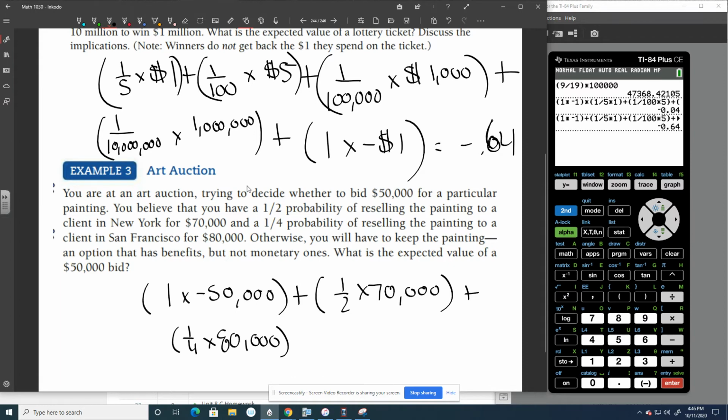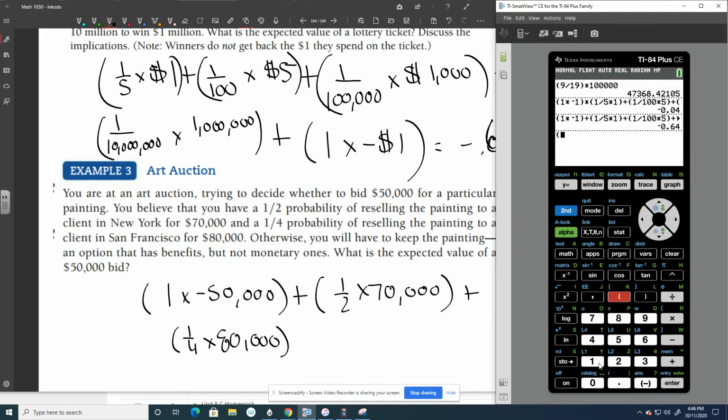What's the expected value? So my expected value, I know that I'm going to spend $50,000. That's guaranteed. But I have a, oops, I did it again. That's a plus. I have a 50% chance of selling it for $70,000. Now, this is subjective probability, right?